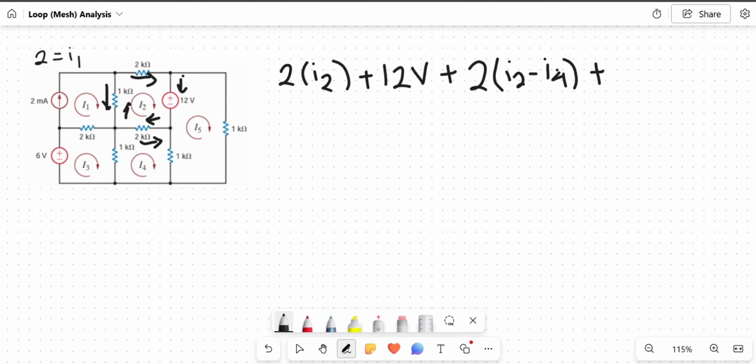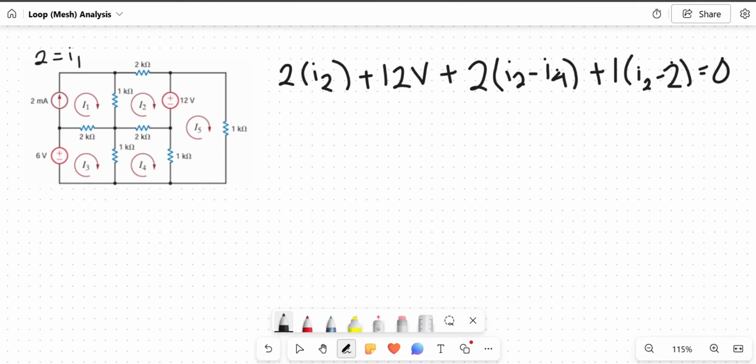So this will be written as 1 kiloohm times I2 minus I1 equals 0. However, since the I1 is equal to 2, this is just a simple 2.